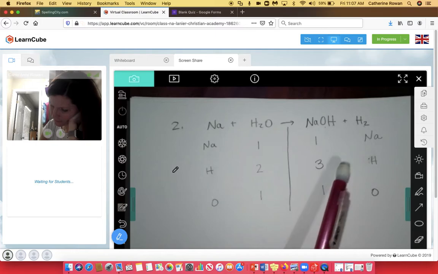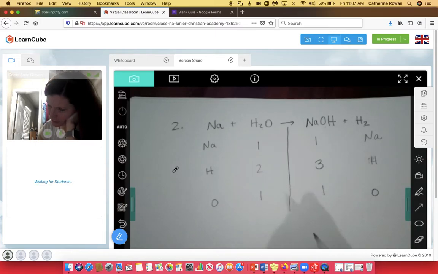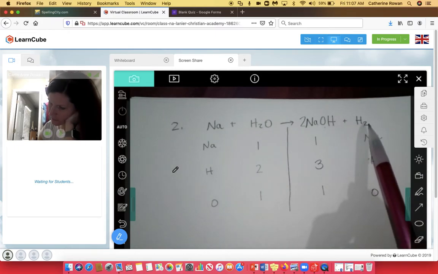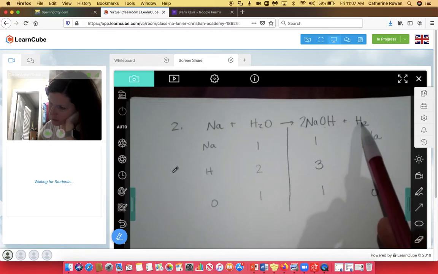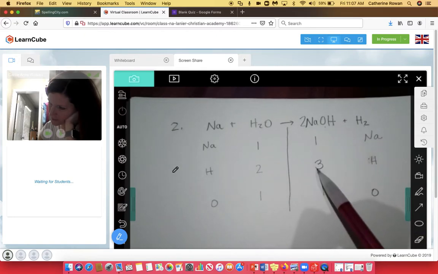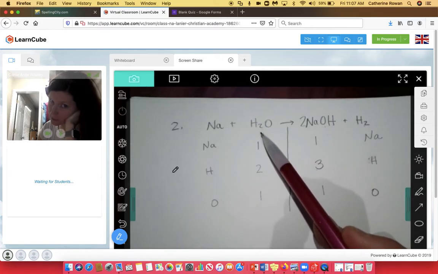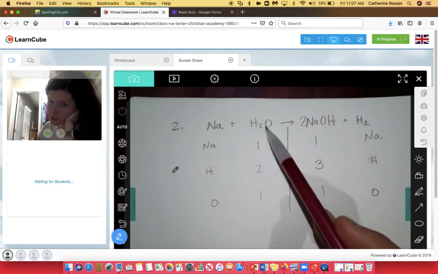So I'm going to start over here, and I am actually going to put a 2 in front of NaOH. And the reason I'm doing that is because we have 2 hydrogens here plus the 1 here, and it makes it 3. Well, I can't make 3 hydrogens over here no matter what I do because there's 2. So the only thing I can do is have multiples of 2.